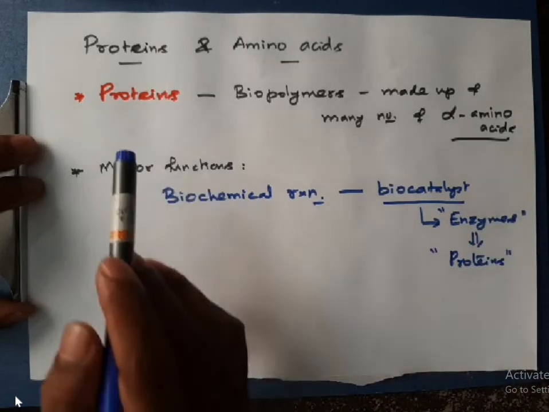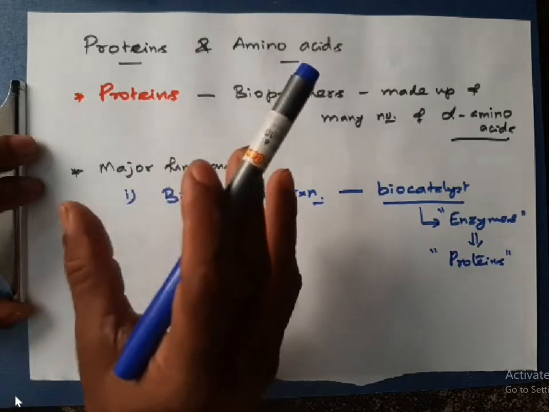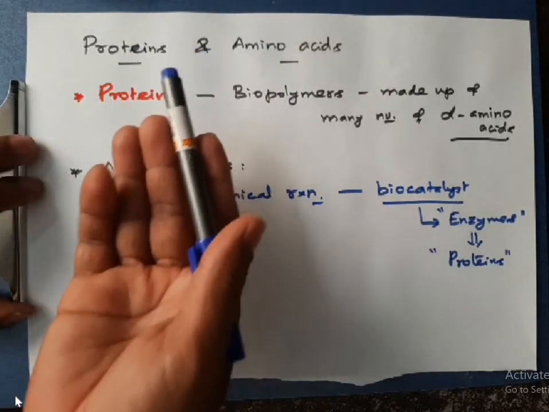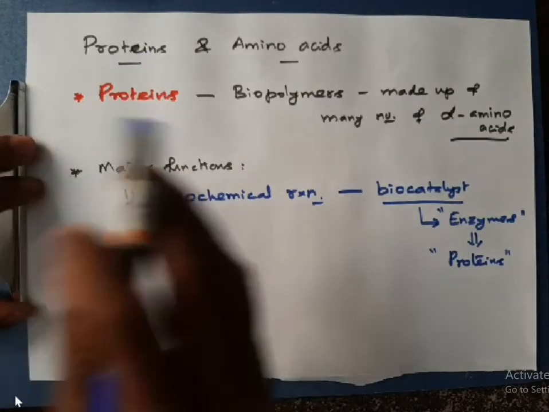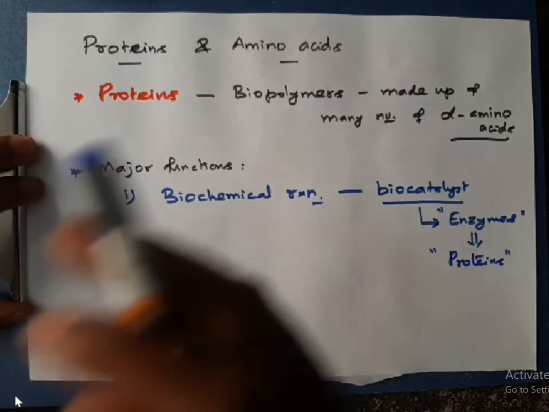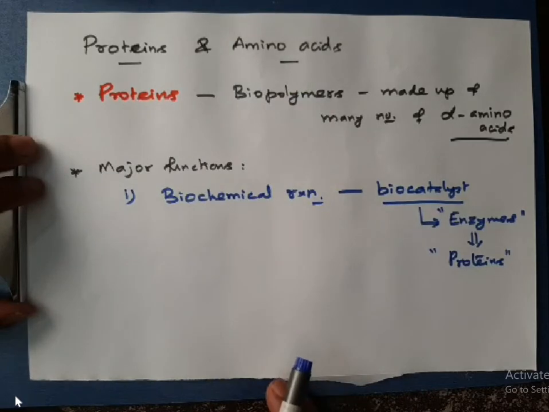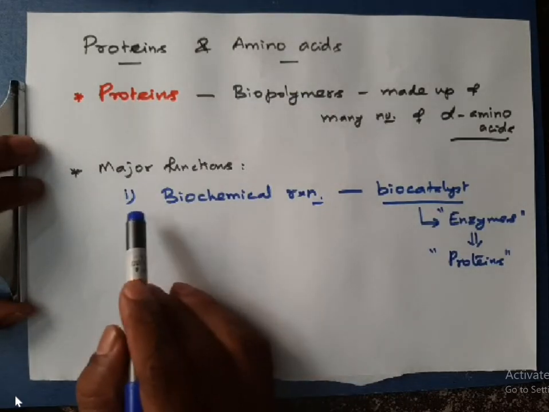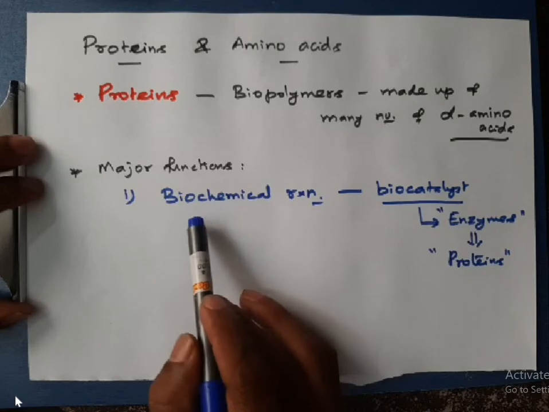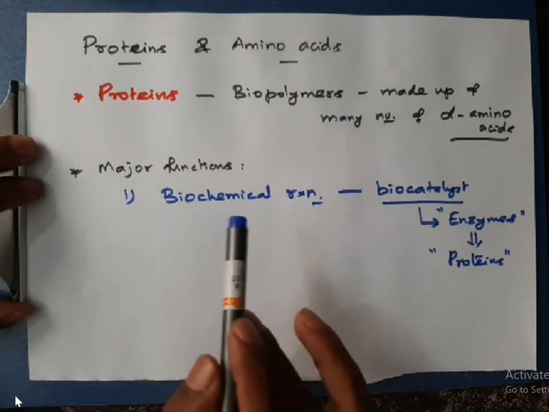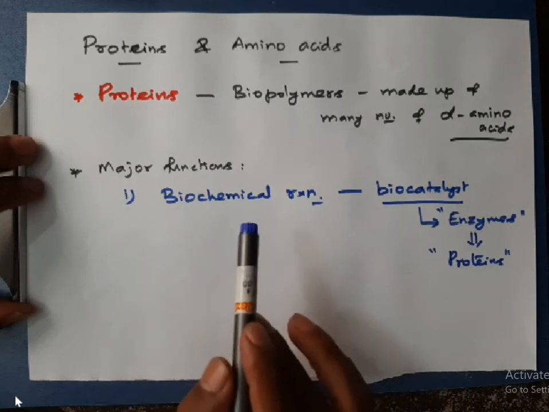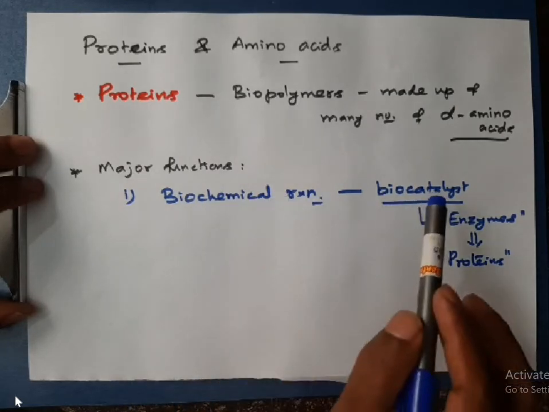Then what are the major functions of proteins? Why do we need to learn about proteins? Proteins play a very important role in the animal body as well as in the plant body. One important function is that the biochemical reactions that occur in the plant body as well as the animal body require a catalyst.